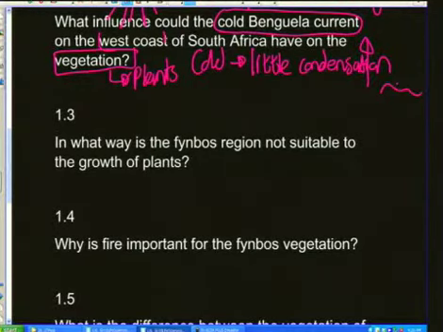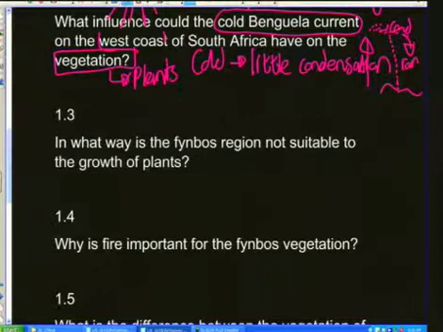Now, we're going to do the water cycle later. Remember, when water evaporates into the air, when it gets to a certain level, condensation occurs. When condensation occurs, then it can rain and fall down to the ground again. So now, because of the coldness, we have very little condensation.